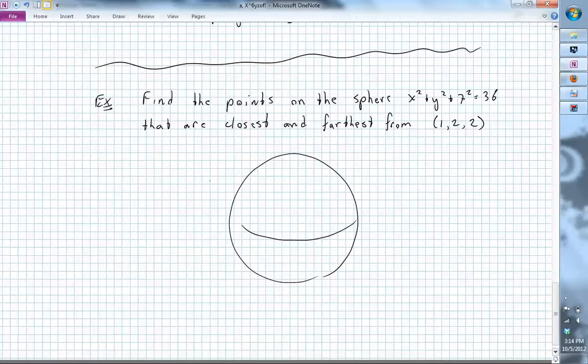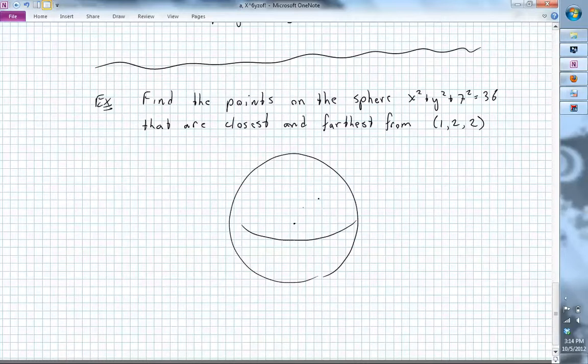How do you know that it's inside? It's less than 6 units from the origin. How do you know that? Well, 1 squared plus 2 squared plus 2 squared is 9. Take the square root, it's 3. Okay, so this point is somewhere kind of halfway between the center and the exterior.